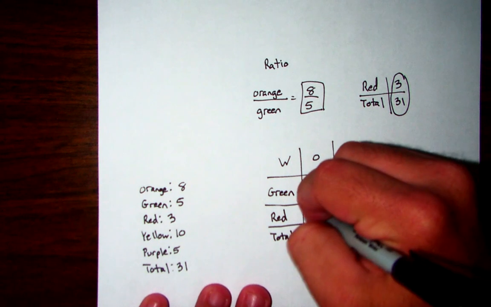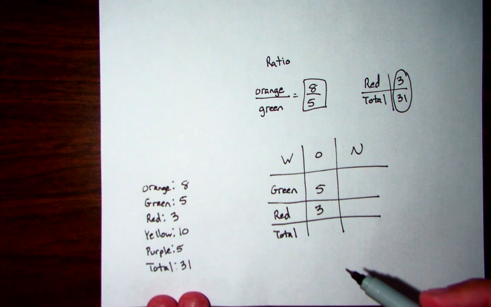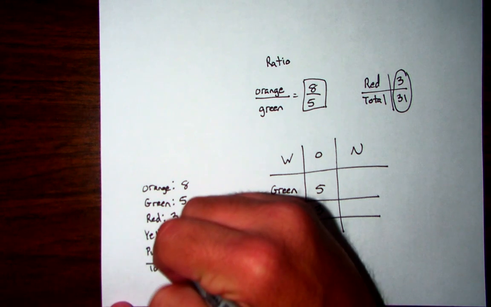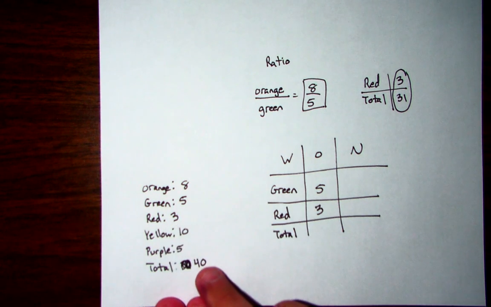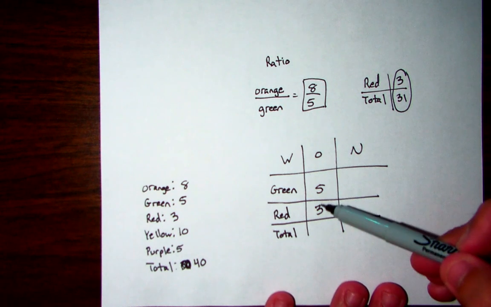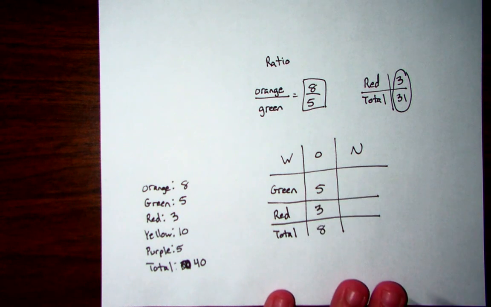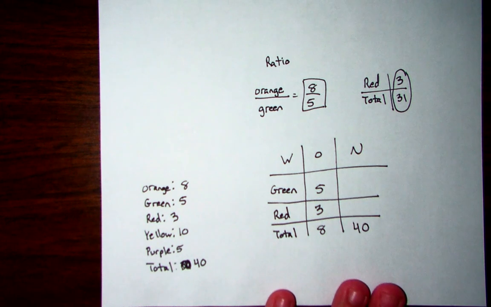My red Skittles I have 3. And I'm actually going to change my total number here, that way we get some good numbers. So let's say my total number of Skittles is 40. I'm just throwing that number out here to give us better numbers. If you have 5 green and 3 red, how many is that total? That's 8. Well, now it says you open up a package of Skittles and you have 40 total Skittles.